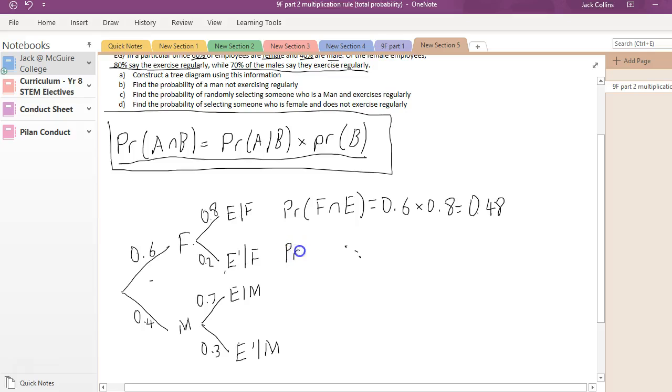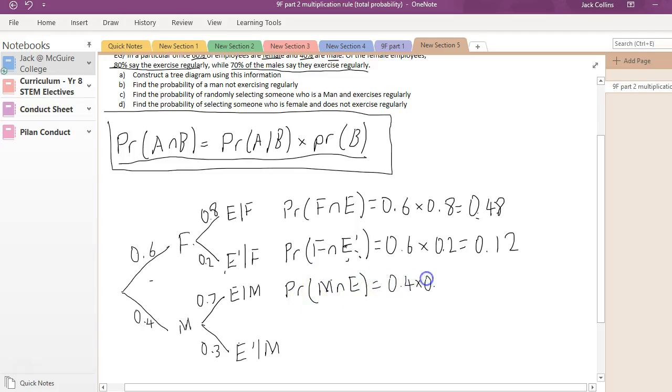Okay, so the next one will be the probability of a female and someone who doesn't exercise. So someone who's female and doesn't exercise would be 0.6 again, times 0.2. Using your calculator, that is 0.12. Then the probability of someone who is male and who exercises is equal to 0.4 times 0.7, which equals 0.28.